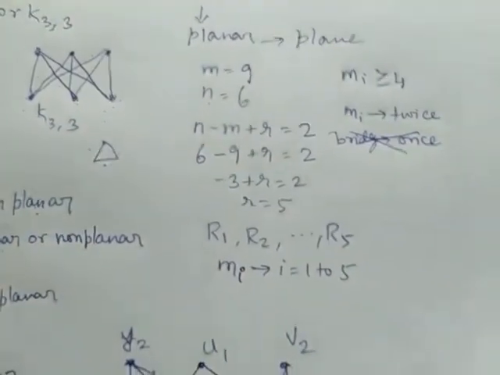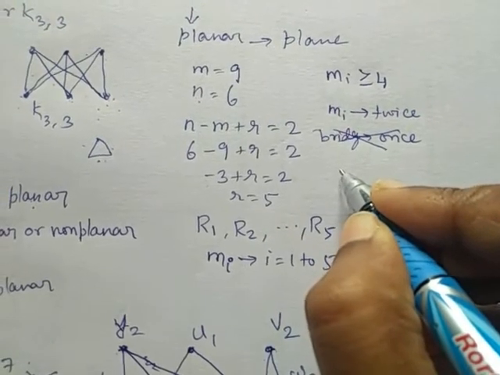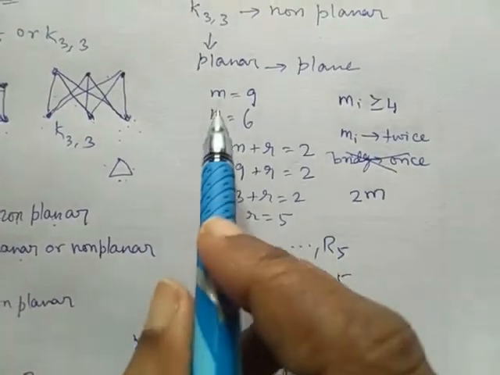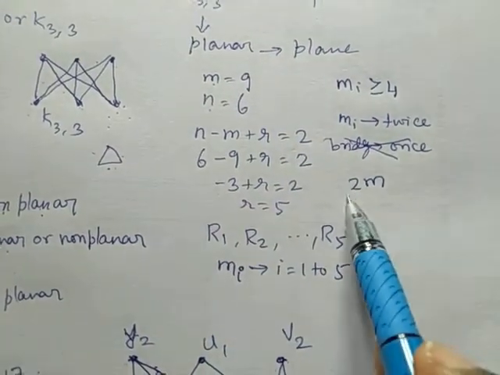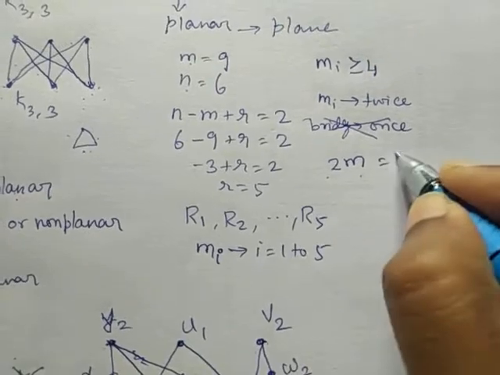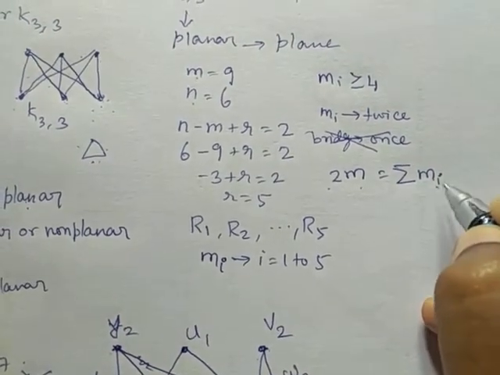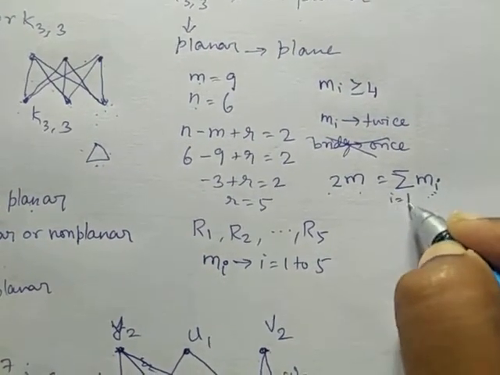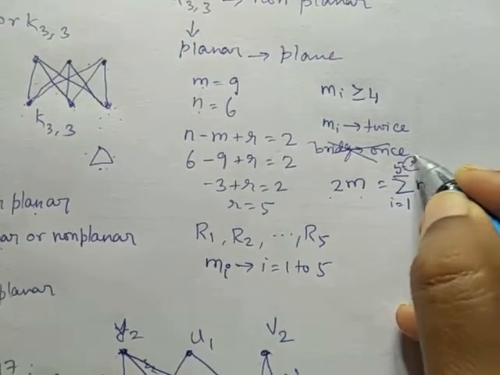Correct? Therefore, the total of the boundary edge counts, capital M, is 2m. The total number of edges is m. So, since it is counted twice, 2m is equal to the edges in boundary 1, boundary of the second region, boundary of the third region, etc. The total number of regions is 5.